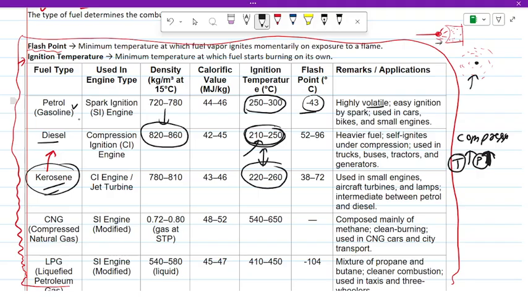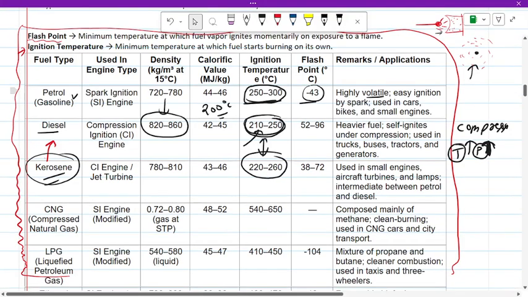Okay, in a petrol engine, we increase the temperature up to 200 degrees Celsius by compression, and then sparking increases the temperature to 250 to 300 degrees Celsius. So these fuels burn at different temperatures and different pressures.